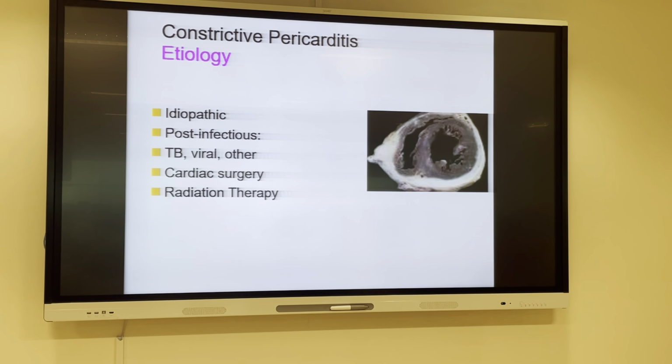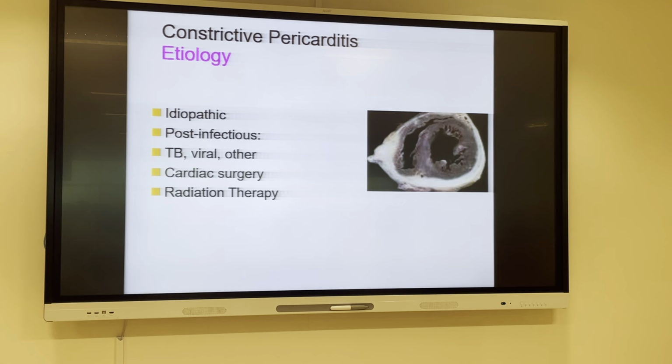Tamponade is an emergency, it happens in the ER, it happens right now. Constriction is not fluid, the pericardium itself being very hard, and it happens over a long period of time.